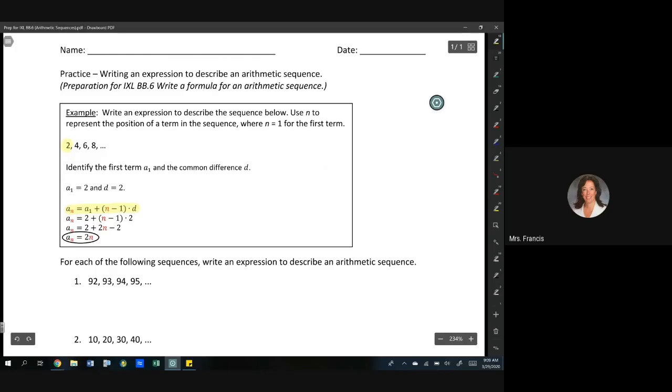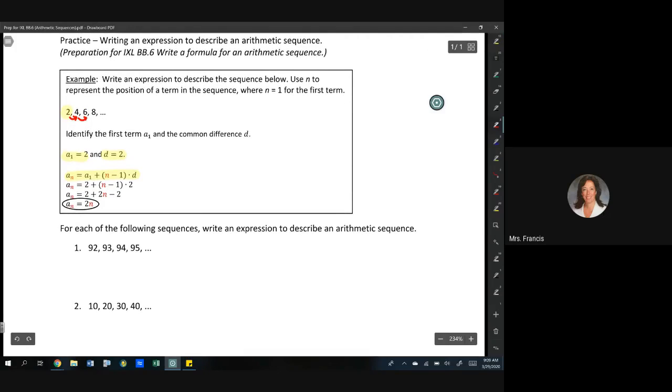And if we look at this sequence, as we go from one term to the next, we're adding 2. So our common difference is d equals 2. That's key information that we need if we're going to use this formula. We need to know the value of the first term, and we need to know d, the value of the common difference.